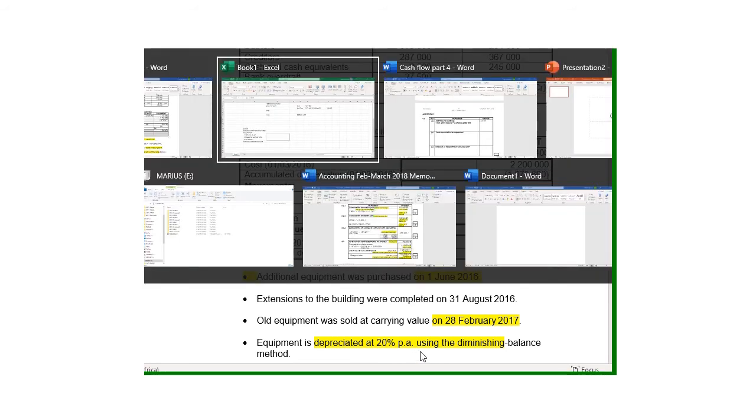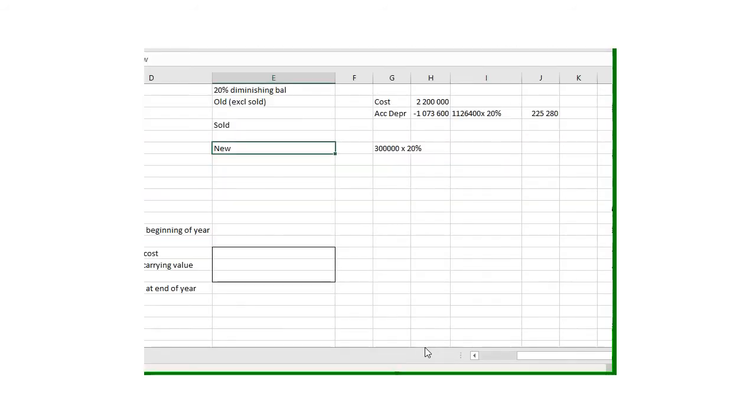So I must work out depreciation for 9 months. So it's the 300,000 times 20%, but then also times 9 divided by 12, and that will then give me the depreciation for the new, and that is 45,000.